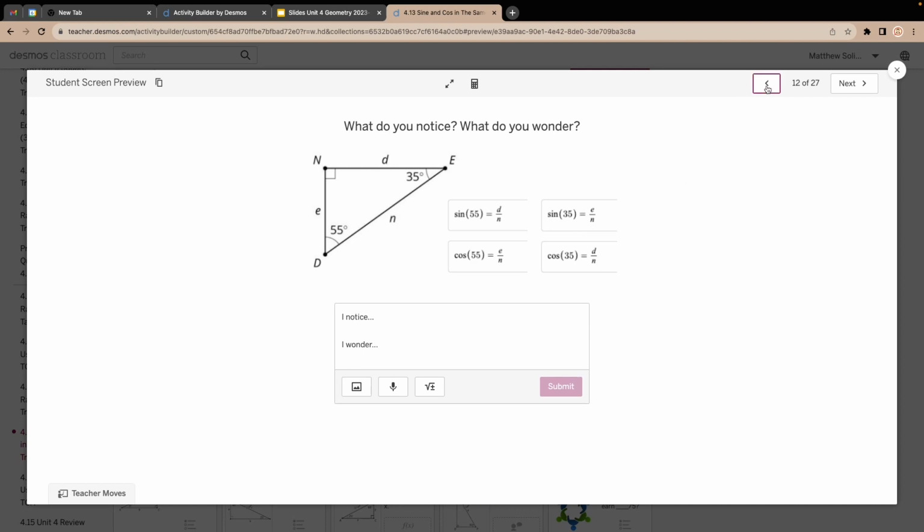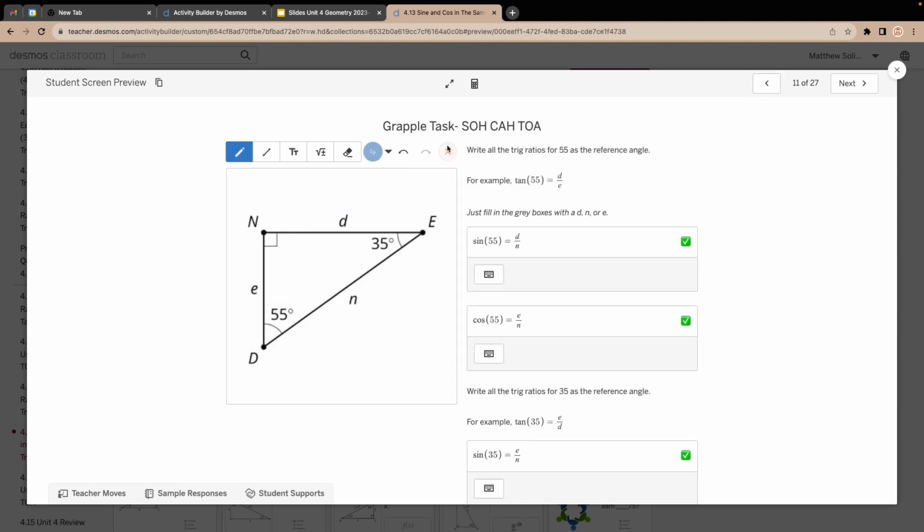Why does this happen? Well, if I'm looking at angle 55, this is my opposite. This is the hypotenuse. If I'm looking at cosine of 35, this is my adjacent, and this is my hypotenuse.